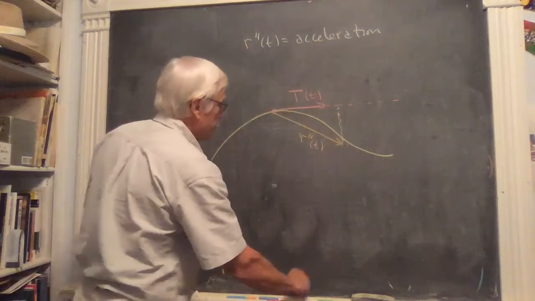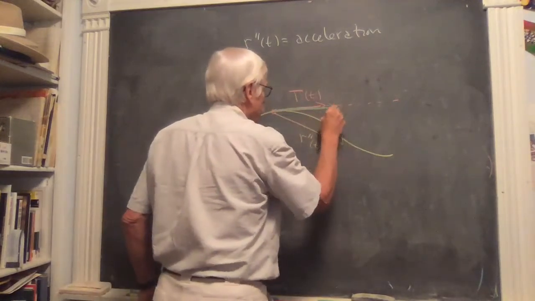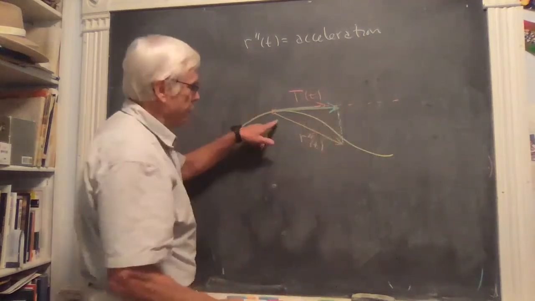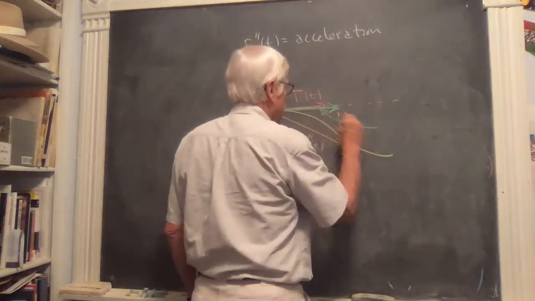So let's see, I'll put this in green. And this green vector, the projection of acceleration onto T, is called the tangential acceleration.